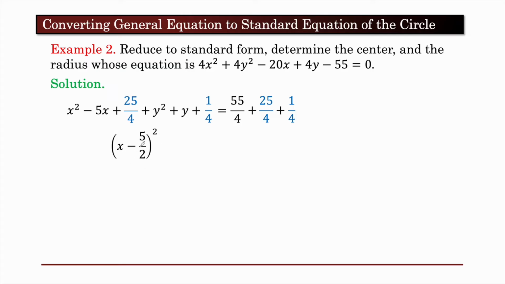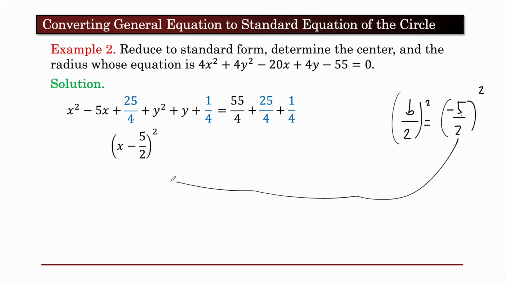So kung nahirapan kayo to recognize the factor of the x or the y term, 'di ba, sa completing the square natin, ang nilagay natin sa b square, b over 2 raised to 2 is negative 5 over 2 raised to 2. So you can check this value, the number inside the parenthesis, that is negative 5 halves. Pwede mo siyang gawing gabay, no? Para hindi ka na mahihirapan sa pag-factor.